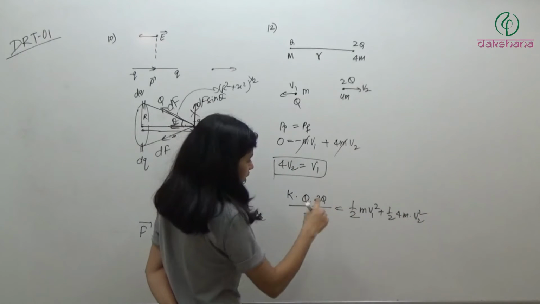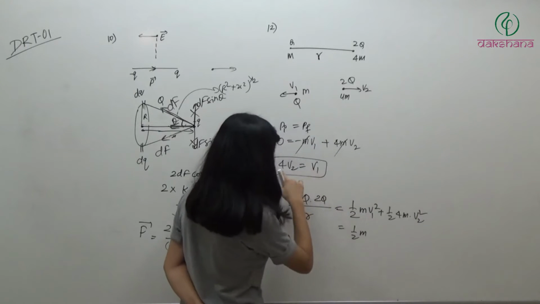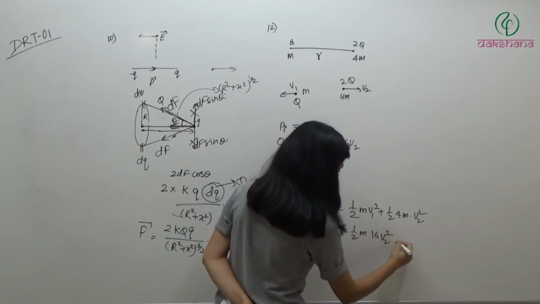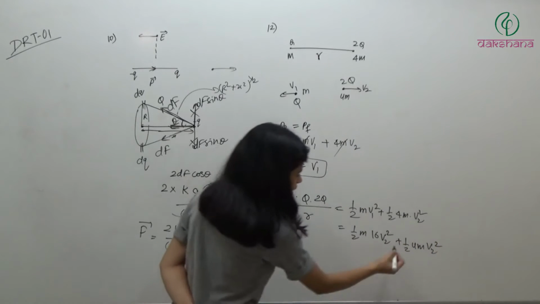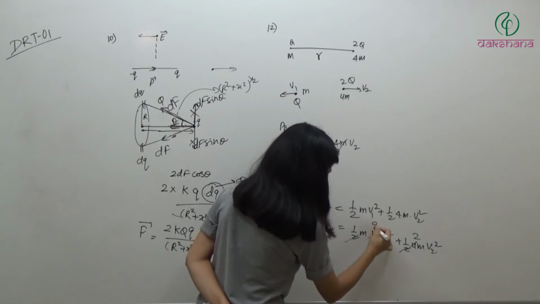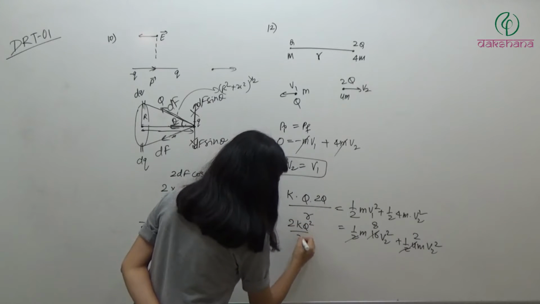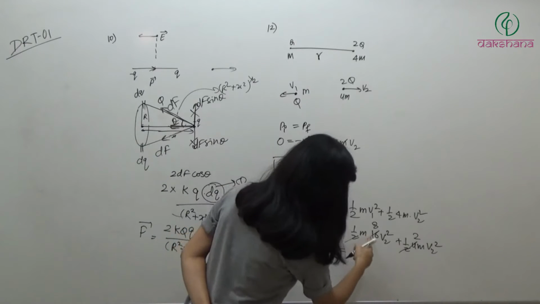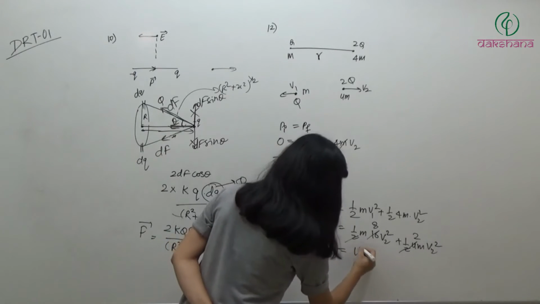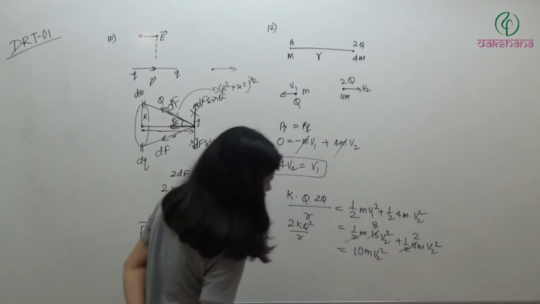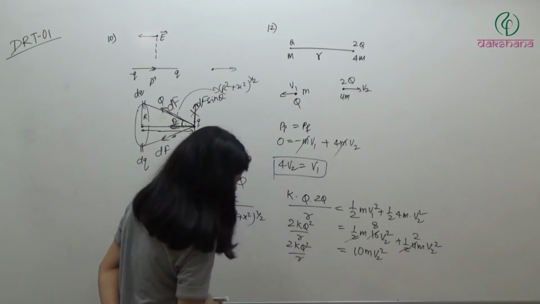From here v1 is equal to 4v2, so half m times 16 v2 square plus half 4m v2 square. This is equal to 2kq square by r. So we can write 8m v2 square plus 2m v2 square, 10m v2 square is equal to 2kq square by r.